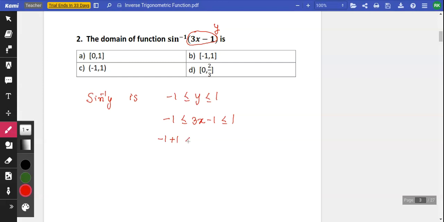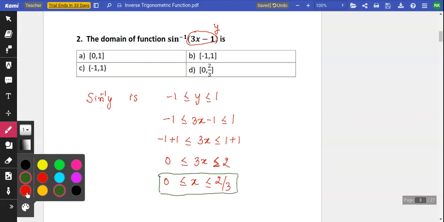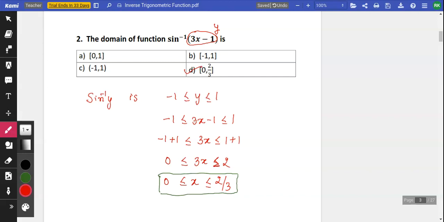Add 1 both sides, it becomes 0 less than or equal to 3x less than or equal to 2. Divide by 3, it becomes 0 less than or equal to x less than or equal to 2 by 3. The final answer is D.